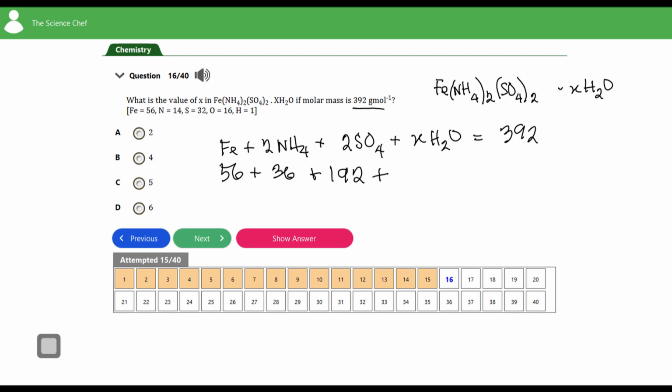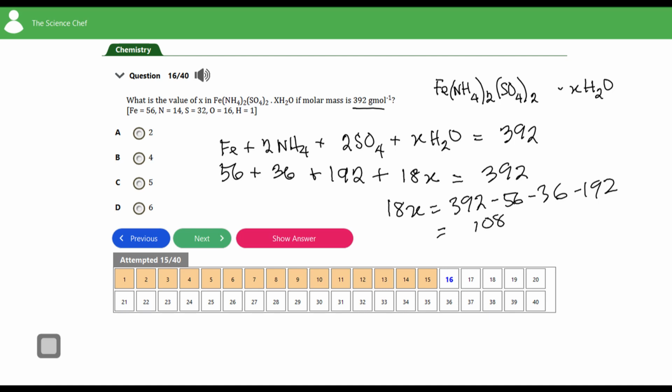Plus hydrogen is 1, oxygen is 16. 1 times 2, 2. 2 plus 16, we have 18x, giving us 392. 18x equals 108. So our x will be 108 over 18, which gives us 6.